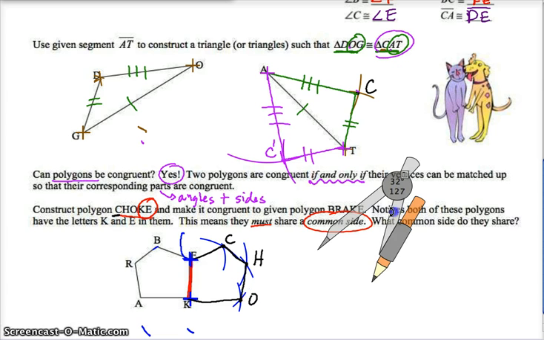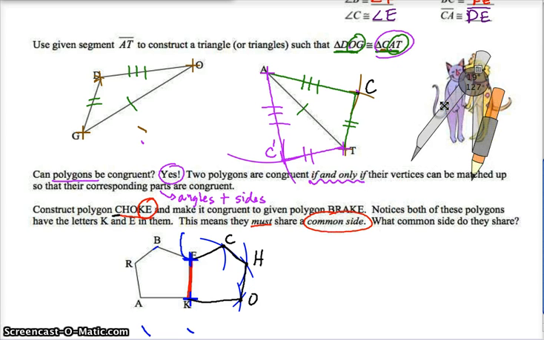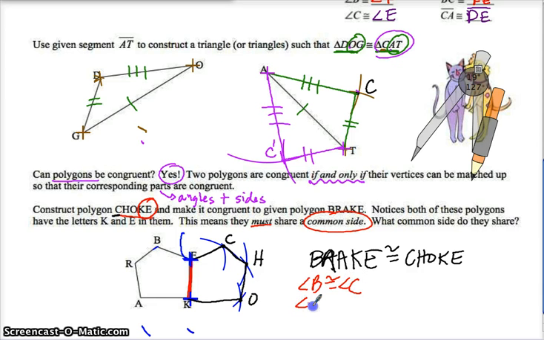So there is C-H-O-K-E, B-R-A-K-E, so we know that B-R-A-K-E is congruent to C-H-O-K-E. So what does that mean? Well, you should think of things that means that angle B is congruent to angle C, angle R is congruent to angle H, angle A is congruent to angle O, angle EKA is congruent to angle EKO.